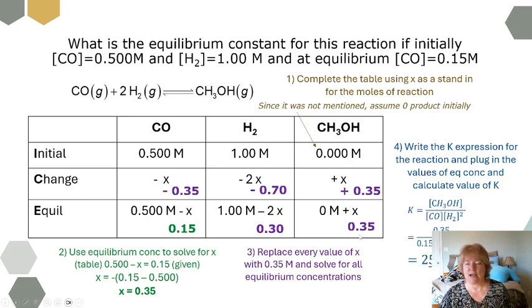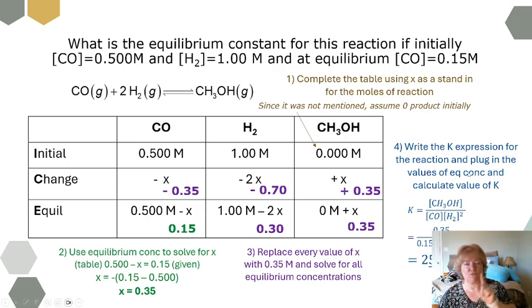Now I can actually calculate the equilibrium numbers. For hydrogen, the equilibrium value would be 1 minus 2X, so 1 minus 0.7 is 0.3. And this would be 0 plus X, so since it didn't have any initially, it would be just 0.35. Now I have the equilibrium concentrations of all three: 0.15, 0.3, and 0.35.